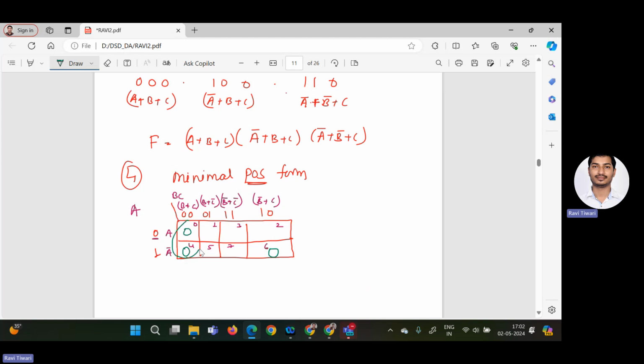One group is like this, that means a pair, and another one is another pair. Now we can write down the expression. As you can see here, for this part, A and A bar cancel. Only we have B plus C. For this combination, A bar, here you see for these two conditions, B bar and B cancel. Only C is left, so plus C. So this is the expression of the minimal POS form.